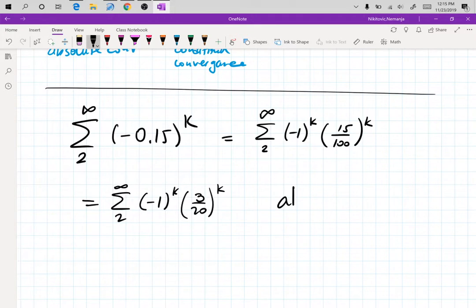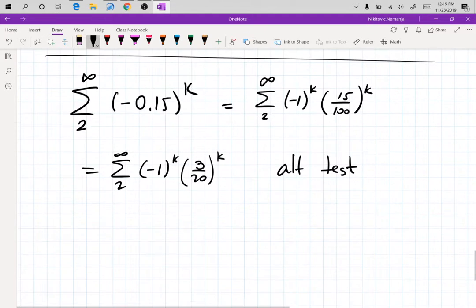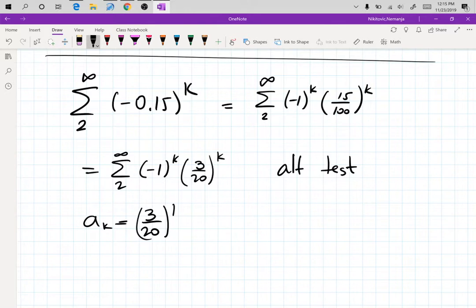Alternating, right? It's the alternating test because you have -1 to the k. So your a_k is equal to 3 over 20 raised to the k. And now you ask yourself, is it decreasing? And the answer is yes. Is the limit 0? The limit of 3 over 20 to the k equals 0, answer is yes.